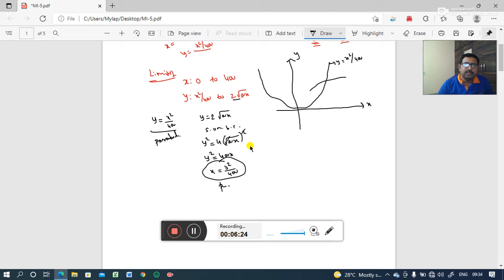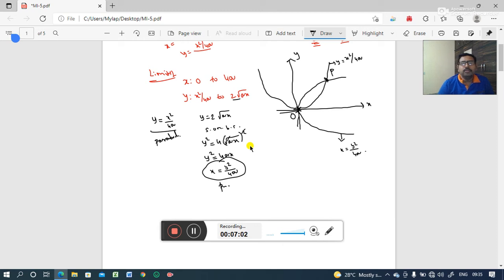So you can draw this diagram. If you see, these two parabolas intersect at two points, one at the origin and one at this point. From the x axis you join these points. At the origin we name it O, and at this point let us name it P, OP.